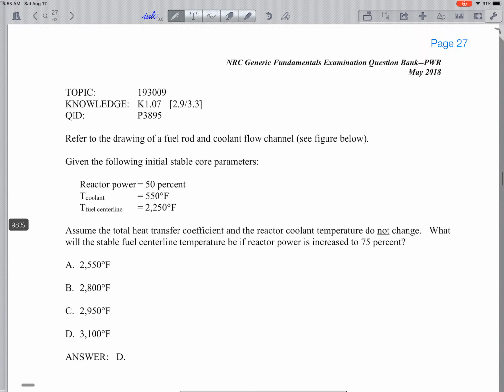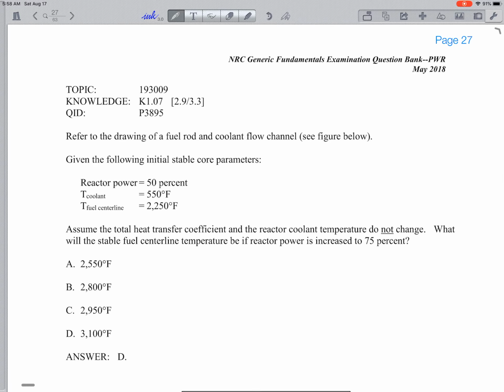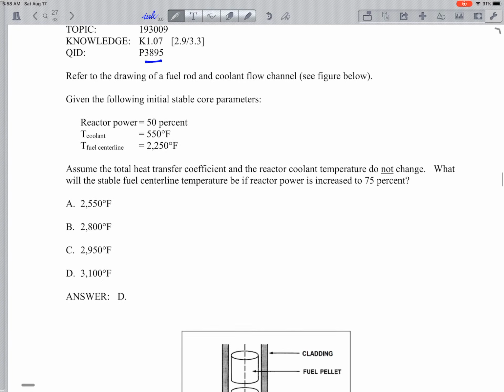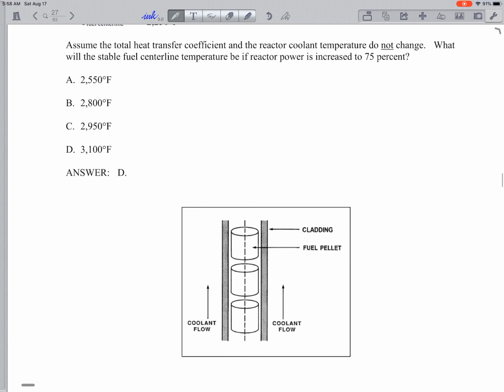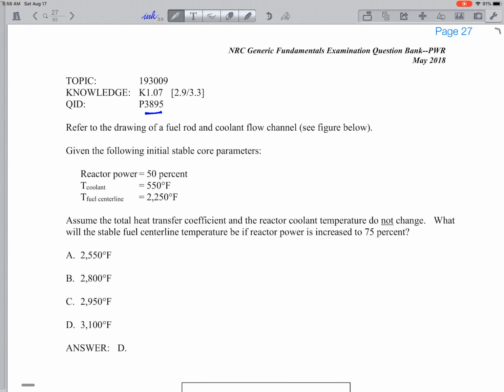Alright, so here we are. Okay. This is question 3895. Same topic. And refer to the drawing of fuel rod and fuel coolant flow channel. We don't really have to. We've seen it before, right?